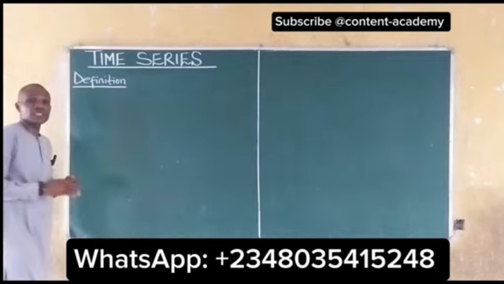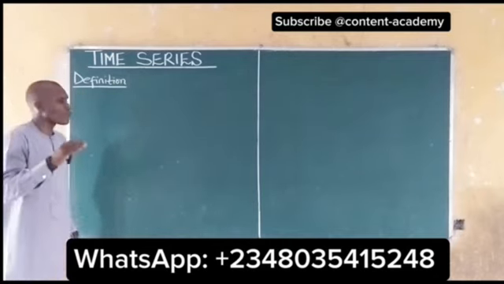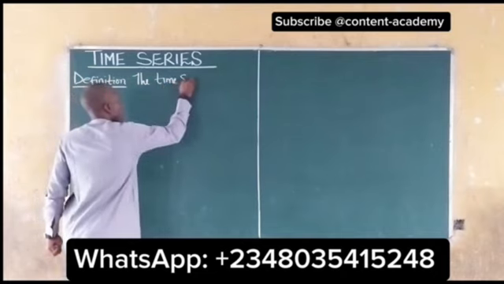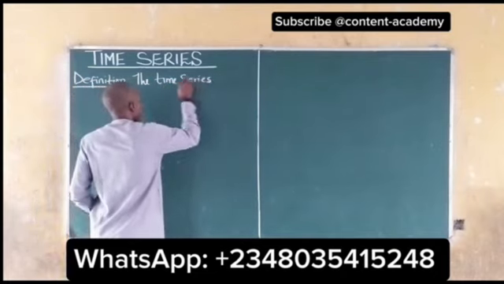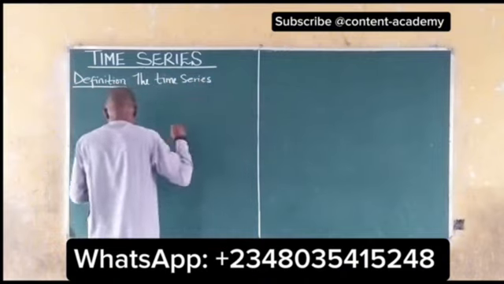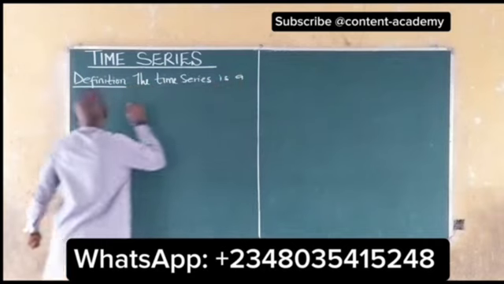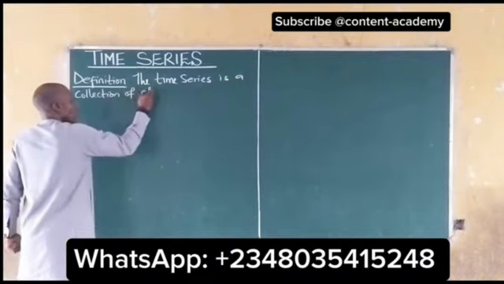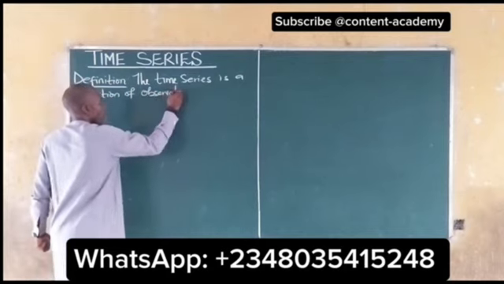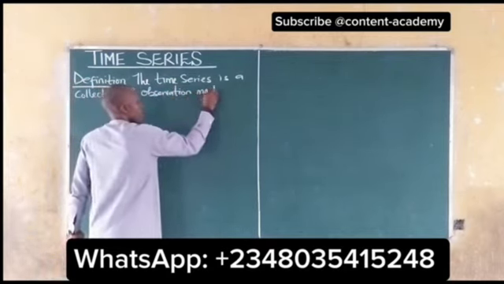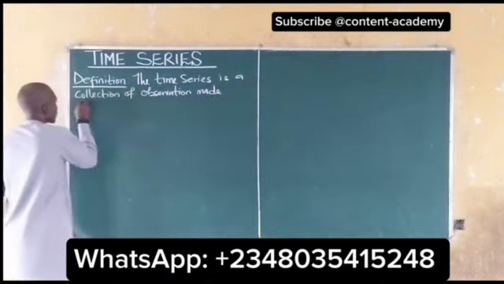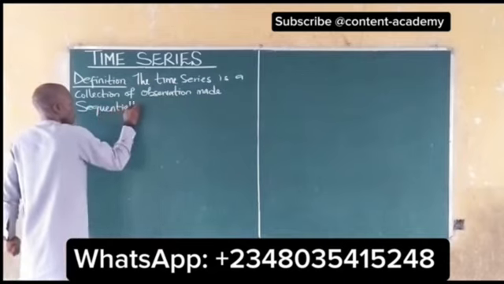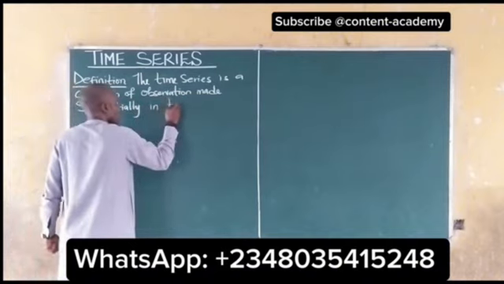So the time series as a stochastic process is an ordered sequence of values. The time series is a collection of observations made sequentially in time.